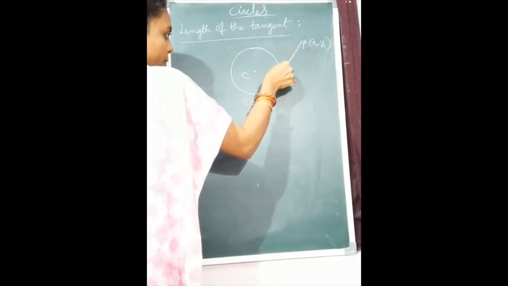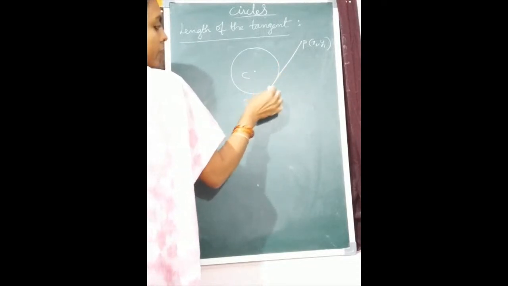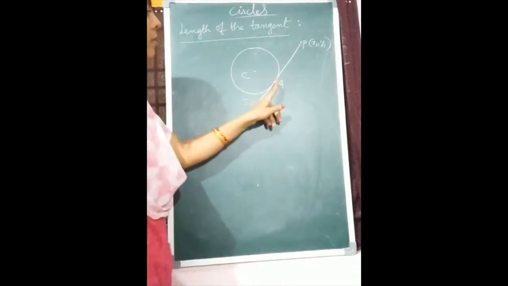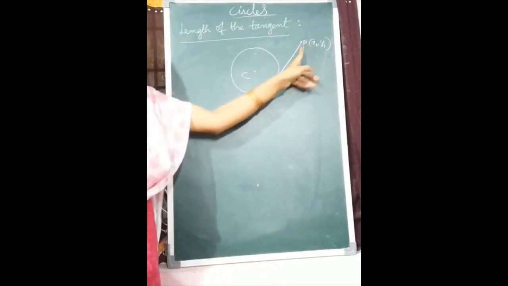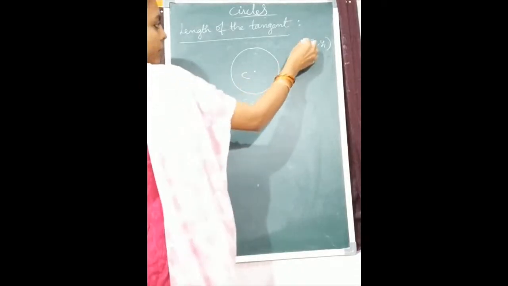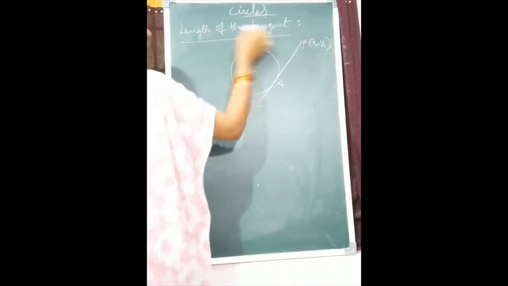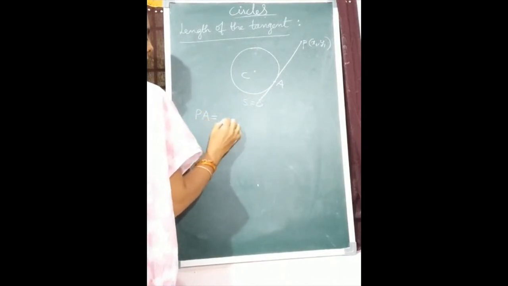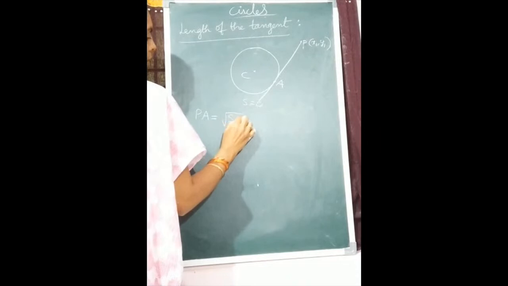We draw a tangent from P to the circle, which touches at A. From P to the circle we can draw the tangent which touches at A. Then PA is called the length of the tangent. So here the length of the tangent PA is equal to root S11.